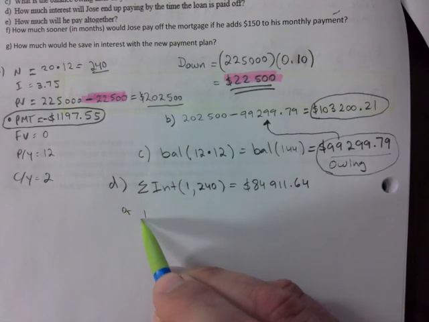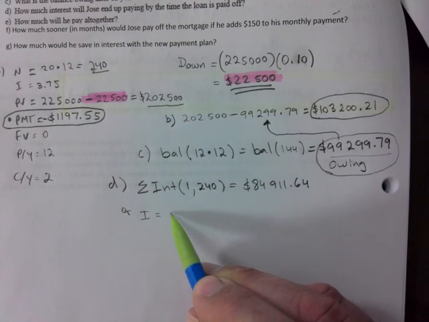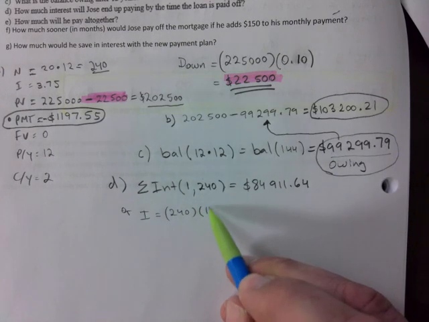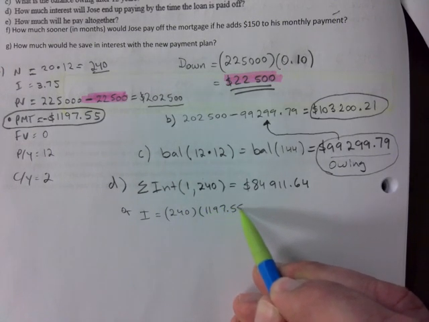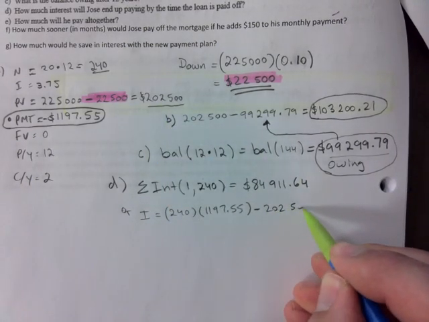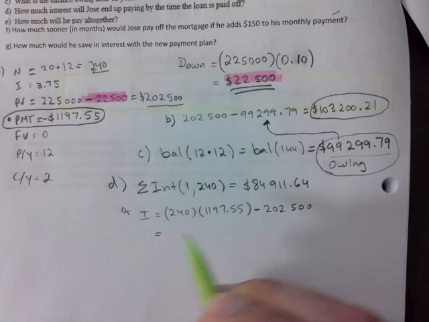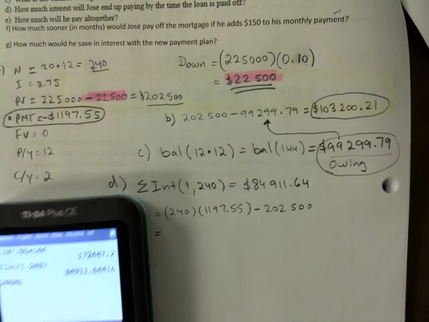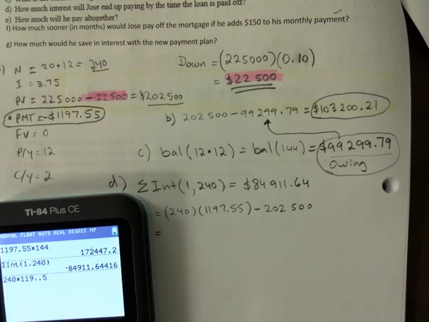Or it would be N times payment, right? So 240 times 1197.55 minus the present value, which is 202,500. 240 times 1197.55.